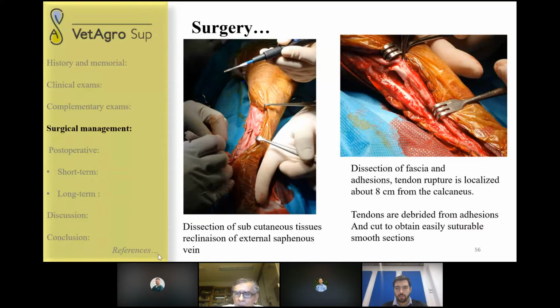We debride all the adhesion and cut the tendon to obtain a perfect section of the tendon to have an easy suture after. So we calculate the length and flex the hock to be sure that it will be not too short after.